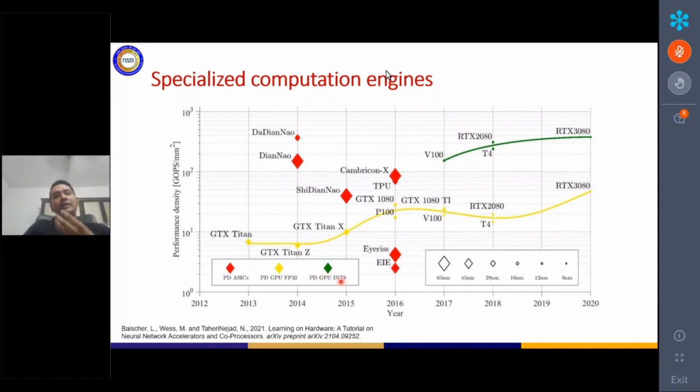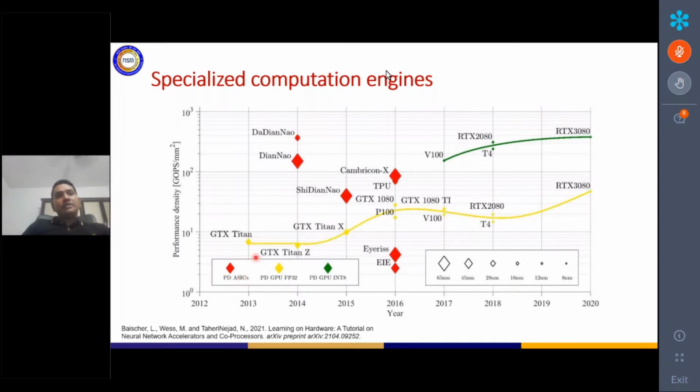INT8 means 8-bit integer units, GPUs with 8-bit integer units, and GPUs with 32-bit floating point units. 32-bit floating point units means single precision floating point units. You can have double precision floating point units as well, which will then be 64 bits, right? And these ASICs are a highly customized bit level implementation of computing systems for AI benchmarks.